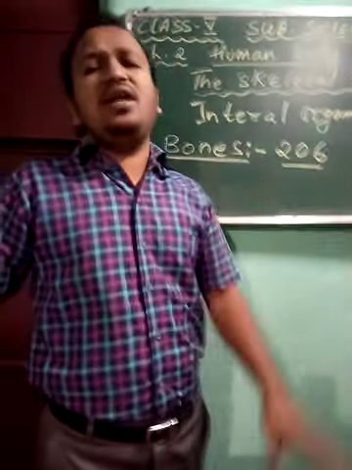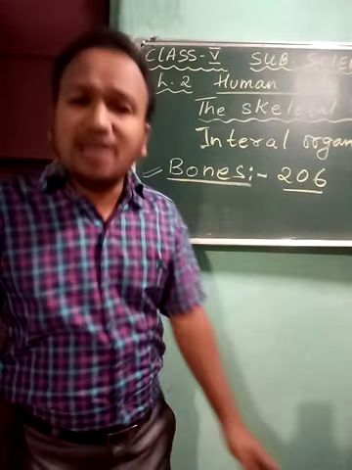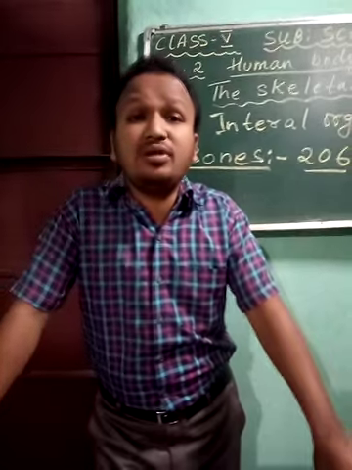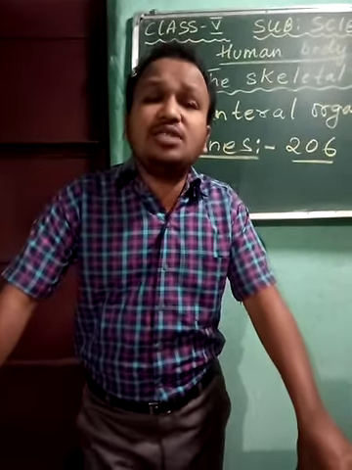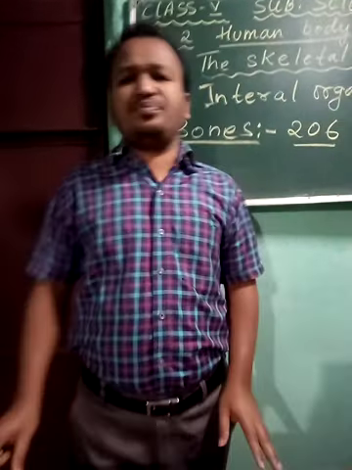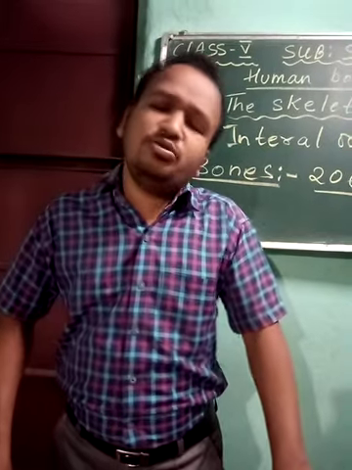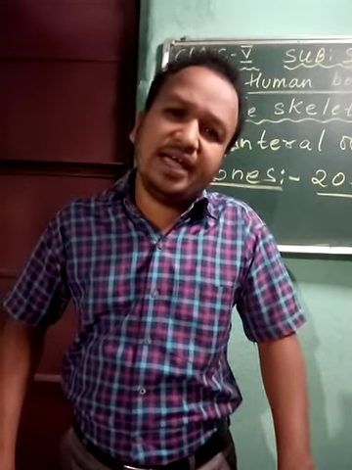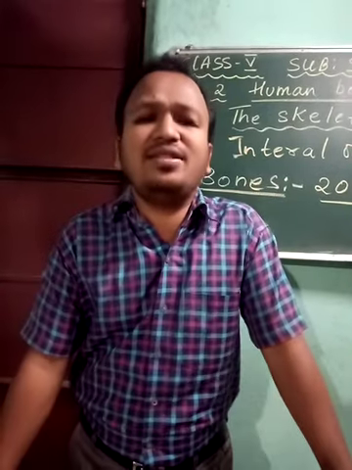When a small child is born, the child does not have 206 bones. A small baby has more than 300 bones when he or she is born. You might be thinking, an adult has 206 bones and a small child has more than 300, so how do the bones become 206?